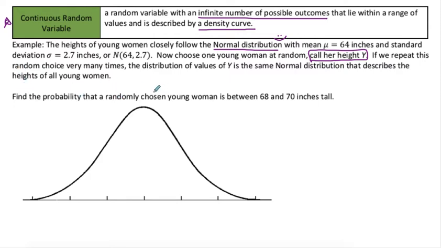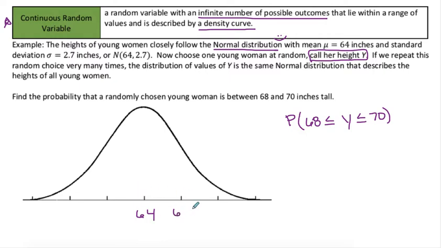Find the probability that a randomly chosen young woman is between 68 and 70 inches tall. So we're asking what's the probability that it's between 68 and 70. On average, they're at 64, and it can vary by 2.7.